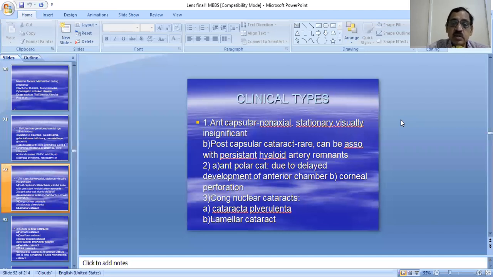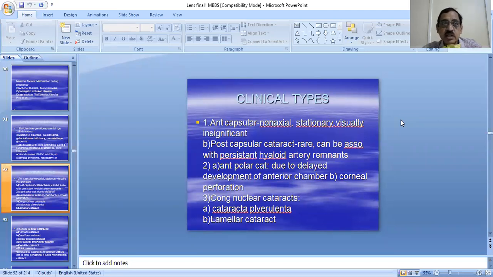Anterior polar cataract is another thing which is commonly seen, and it is due to a delayed development of the anterior chamber. Secondly, it can be because of corneal perforation in case of ophthalmia neonatorum.